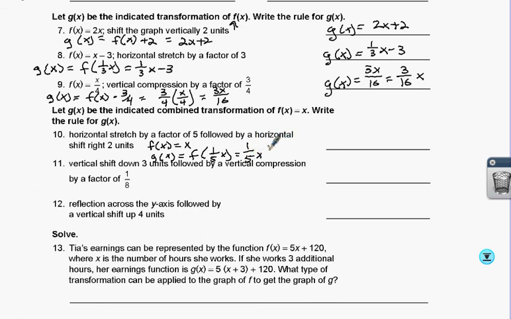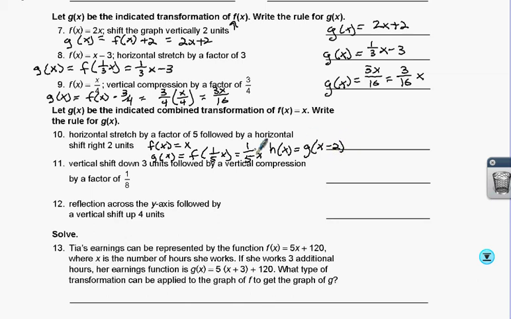Alright, and then horizontal shift right 2 units. So my latest function is simply taking the other function and evaluating that at x minus 2.